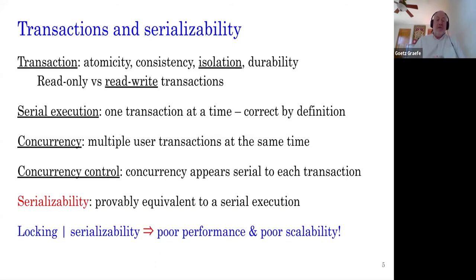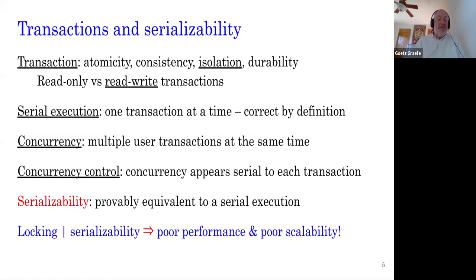So concurrency, multiple user transactions, concurrency control: you have multiple user transactions at the same time, but each one of them sees the database as if it were a serial transaction, as if all the other transactions either happened before or after. So commonly the word serializability gets thrown around, which means you not only look kind of similar to serial execution, but you actually enforce restrictions on concurrency in a provable way, such that you have provable equivalence to serial execution.